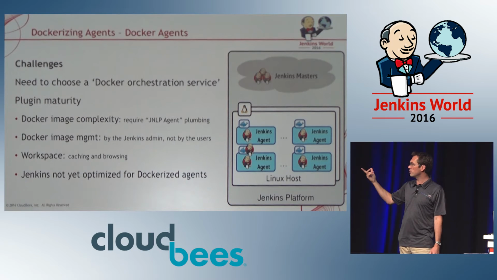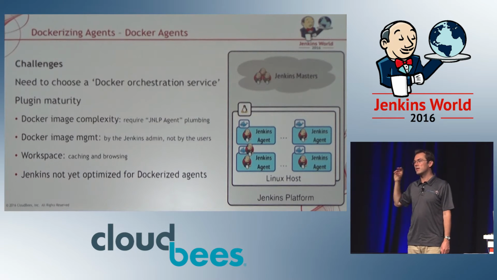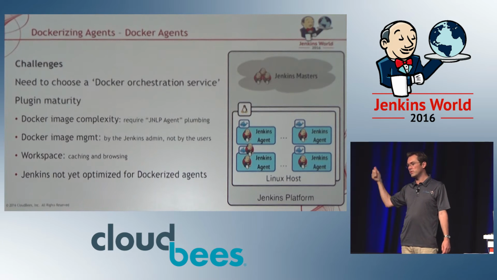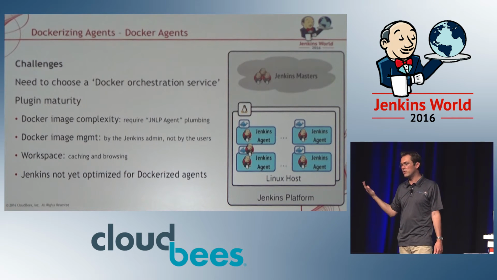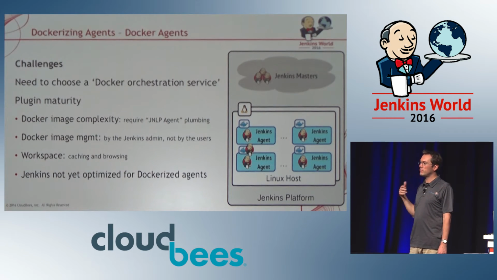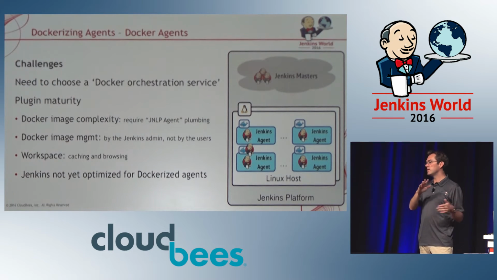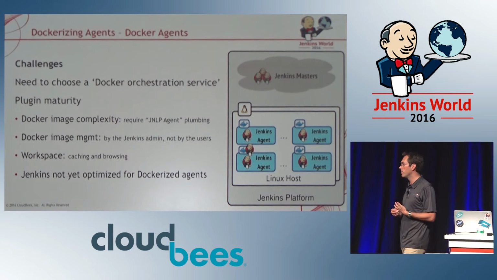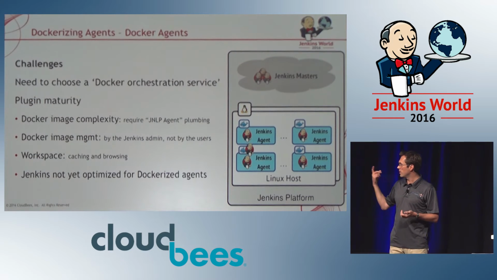With Docker agents, these are one-shot agents, so we use it for one job and then we wipe out, which is a different behavior, and they are very fast to be allocated. So the build queue in Jenkins has to be revisited to be optimized for this type of agents.